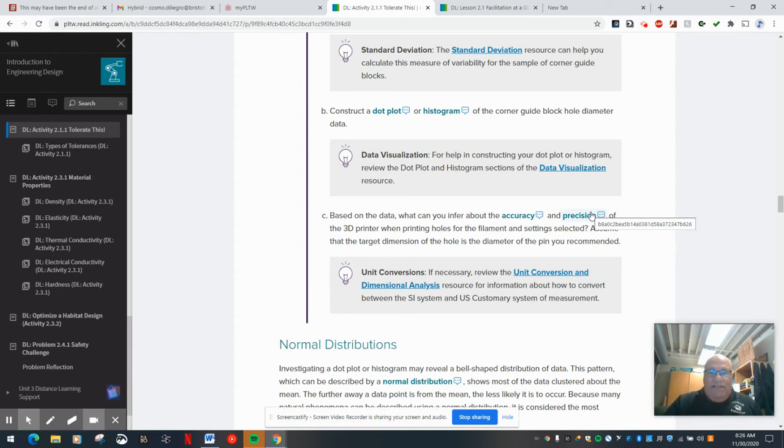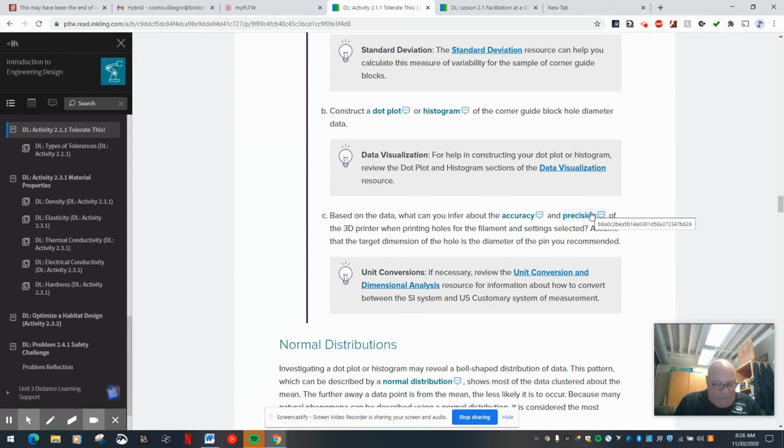And then C says, based on the data, what can you infer about the accuracy? Well, for a 6 millimeter pin, conversion to inches would be 0.2362. The accuracy is the difference between the measured value and the targeted or accepted value.